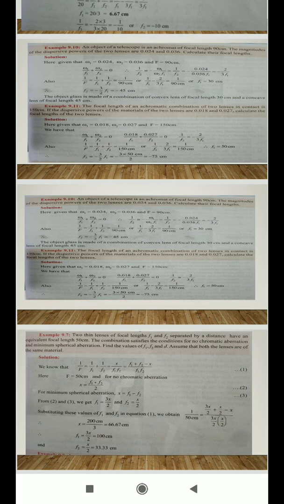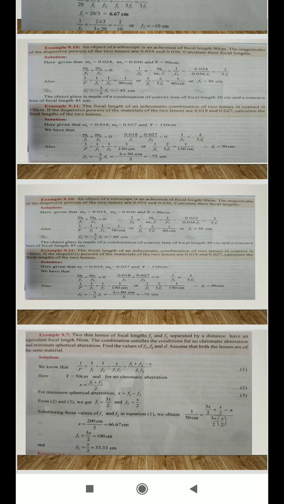Here small f1 is the focal length of the first lens, f2 is the focal length of the second thin lens, capital F is the focal length of the combination, and small x is the distance separating the two lenses. So 1 upon F equals f1 plus f2 minus x upon f1 f2, and it is given that the equivalent focal length of the combination is 50 centimeter.